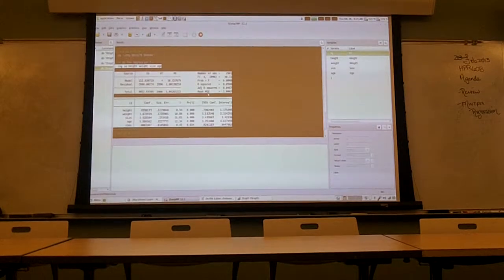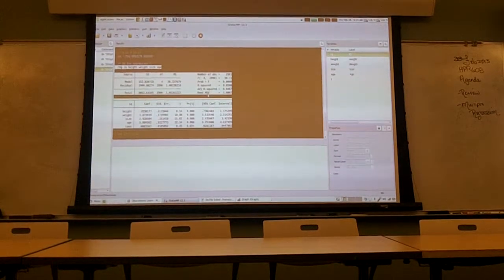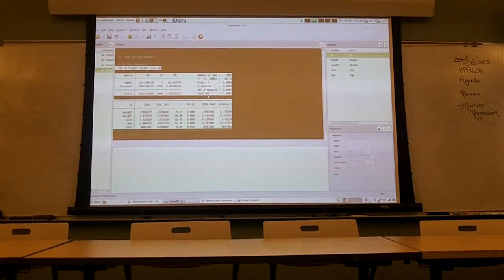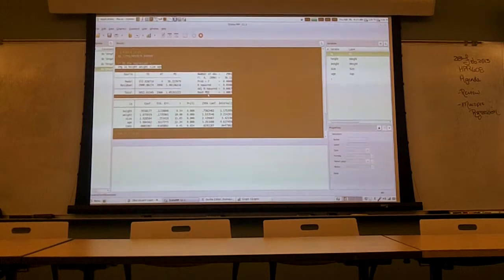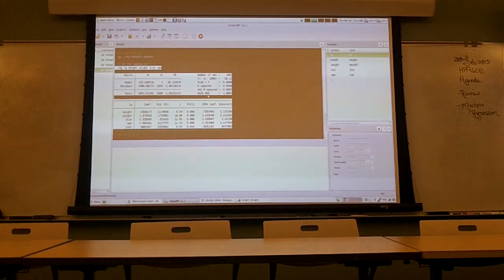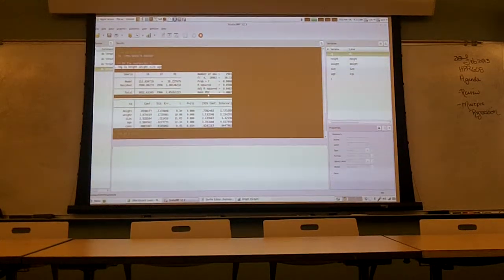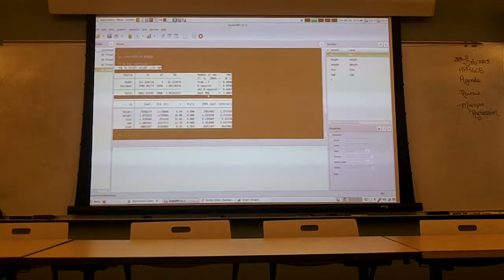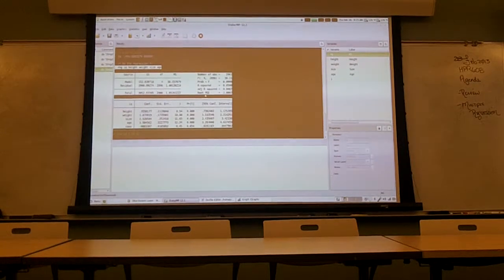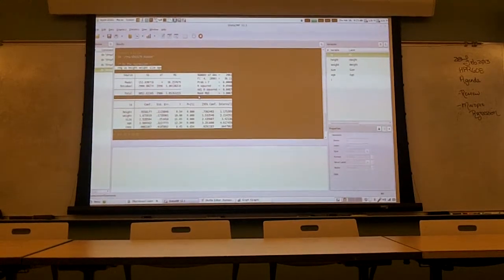So we know that most of the dots are not going to fall directly on the regression line, and the distance from the dot to the regression line is the error. So we have to have some standard deviation of that error to talk about how much variability there is around the regression line. That's the estimated standard deviation of regression.